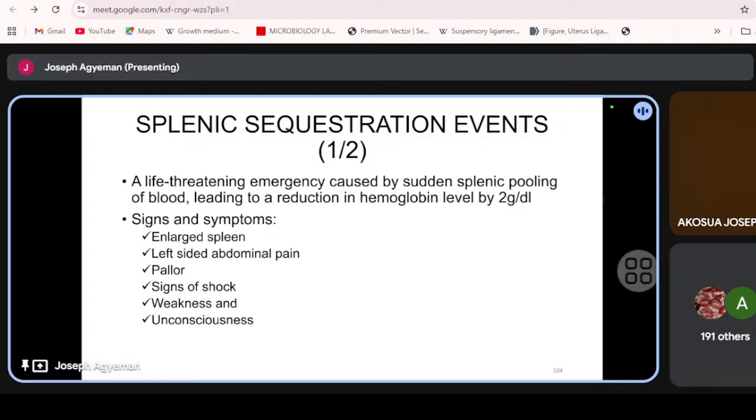Even with the spleen intact, the spleen could be functioning abnormally, or the spleen can get damaged. Individuals with sickle cell disease, we know that as part of these issues, they are always at risk of infections, and therefore we normally put them on antibiotic prophylaxis. So lifelong antibiotic prophylaxis will be given.